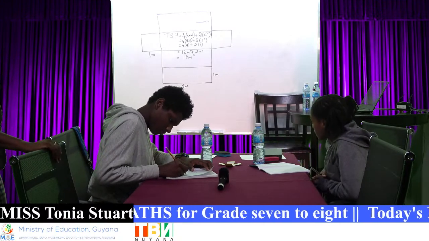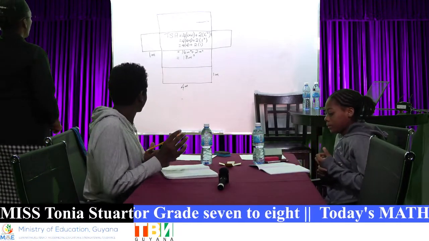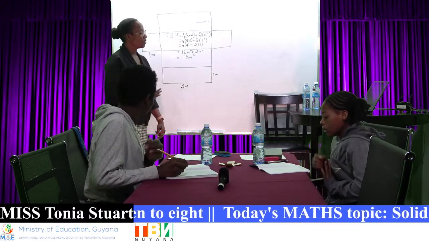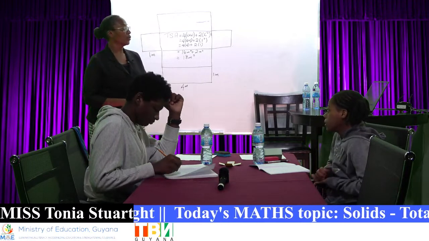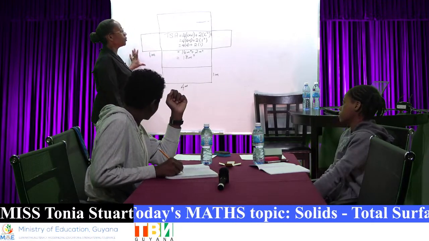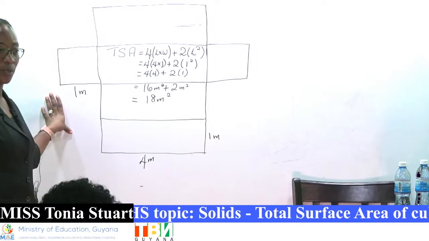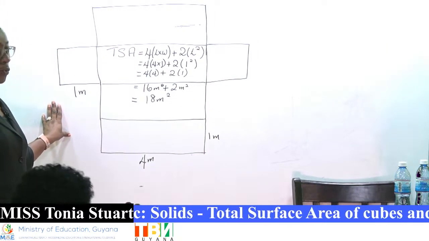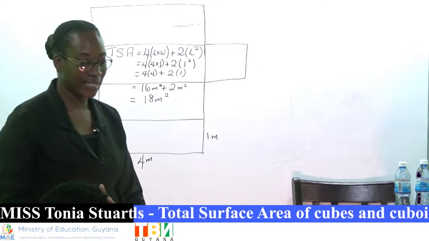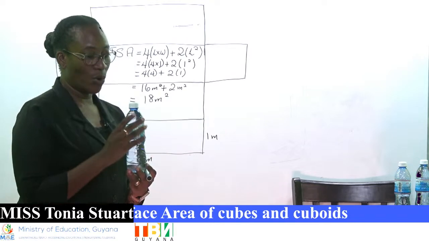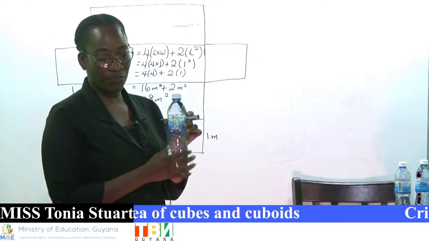Great. So, when you're finding the total surface area of a shape, wouldn't knowing how to draw the net be helpful? Yes. Knowing how it may look when you dissect it. This bottle might have many different patterns.